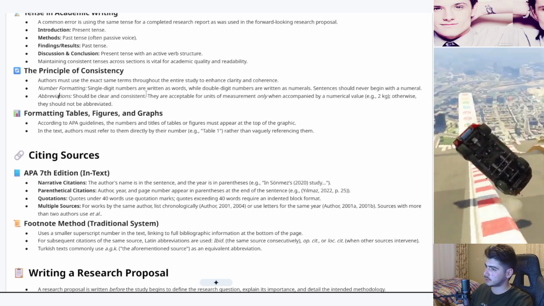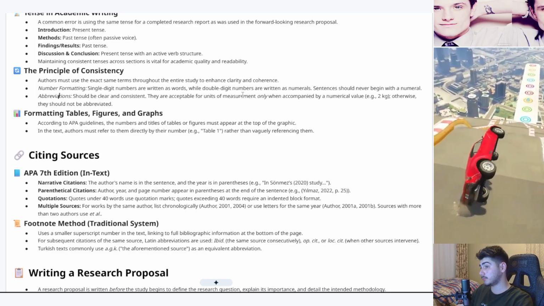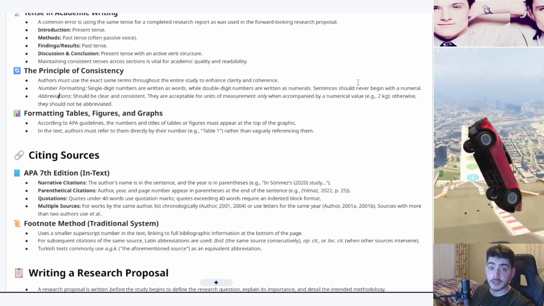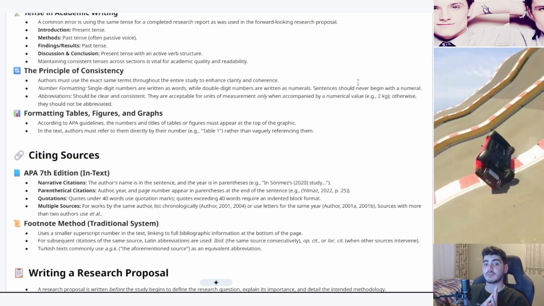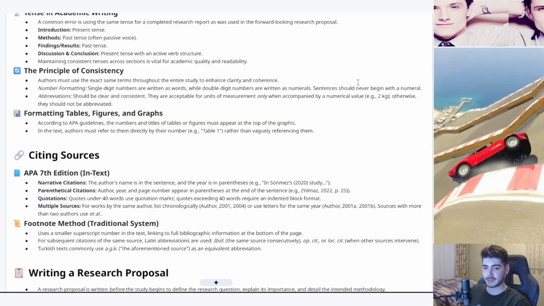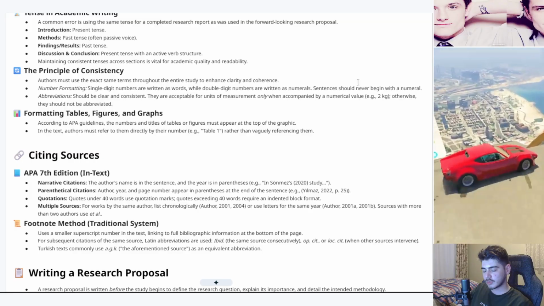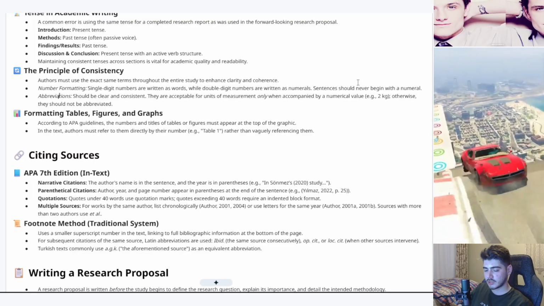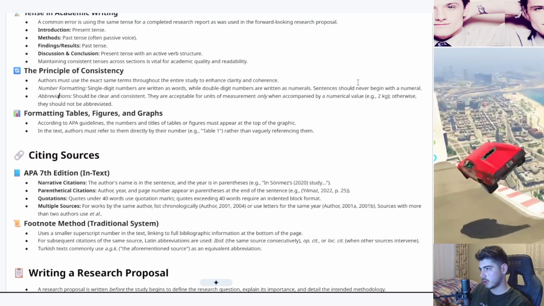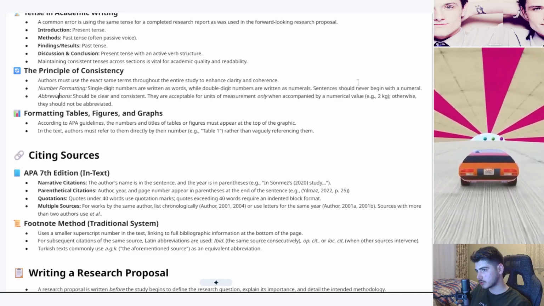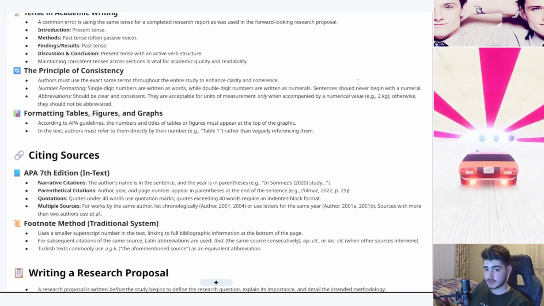Abbreviations should be clear and consistent, and they are acceptable for units of measurement only when they're accompanied by a numerical value. So you cannot just say the results are given in g. You can only say the results are given in grams.